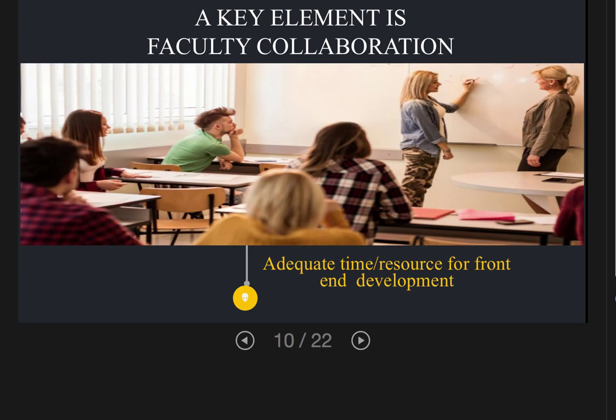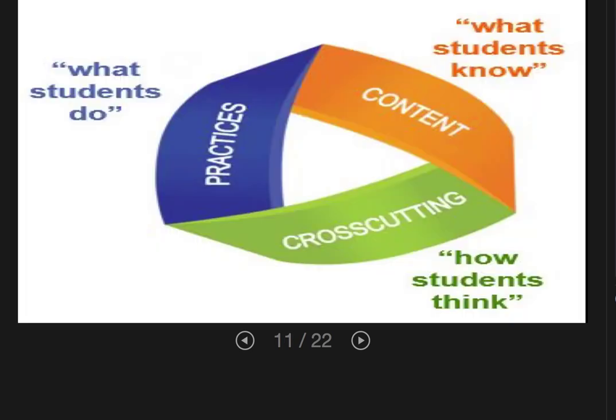Key elements is faculty collaboration. Okay, and we did talk about that. Now, we always need to practice content and cross-cutting. So what students do, we have to practice. What students know and how students think.